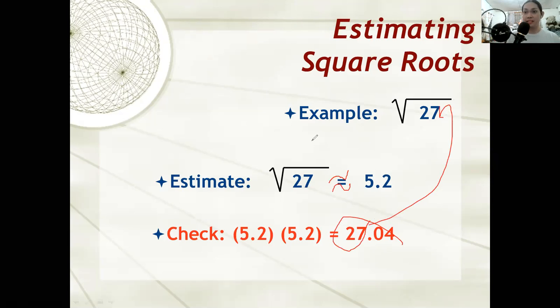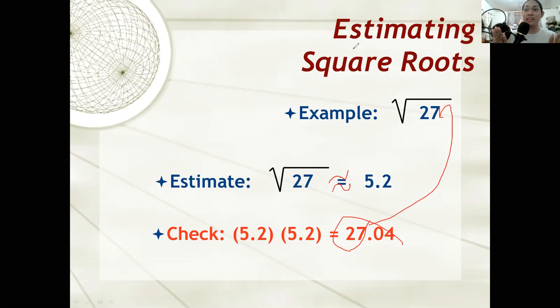So that means our estimation is correct, because 27.04 can be rounded off to 27, or approximately. That's why we use the term approximate, because we are just trying to estimate the square roots.